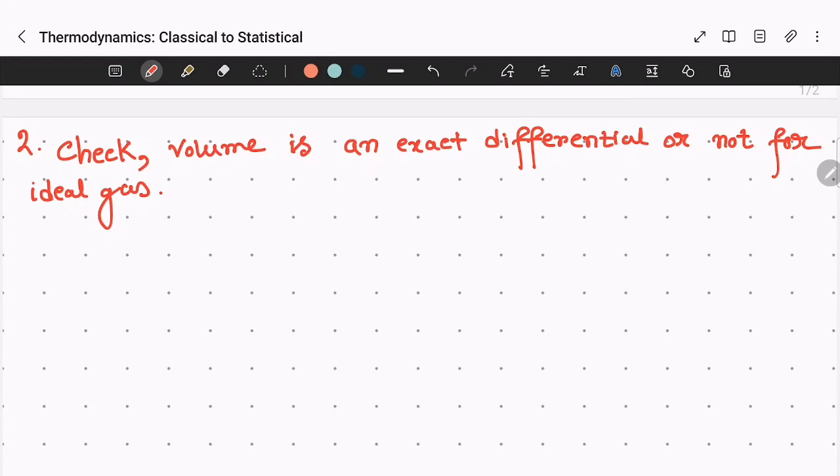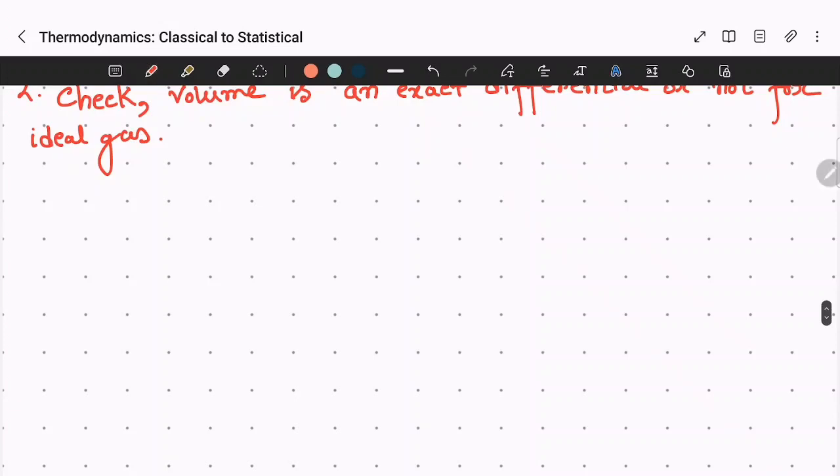Okay, the similar type of question, we have to check volume is an exact differential or not for ideal gas.